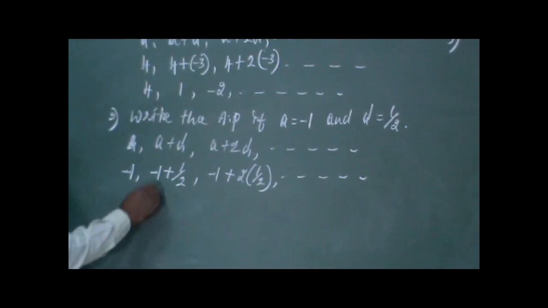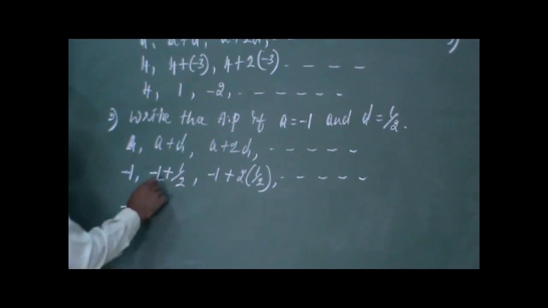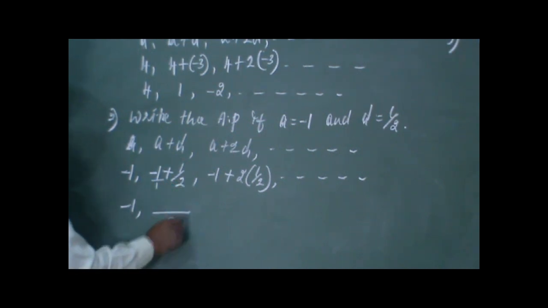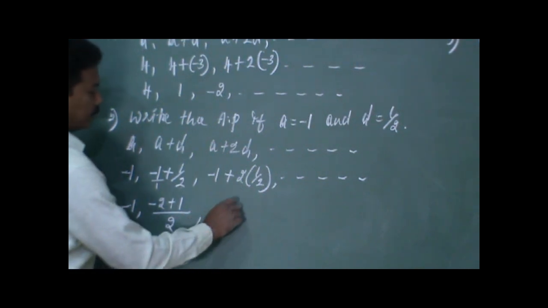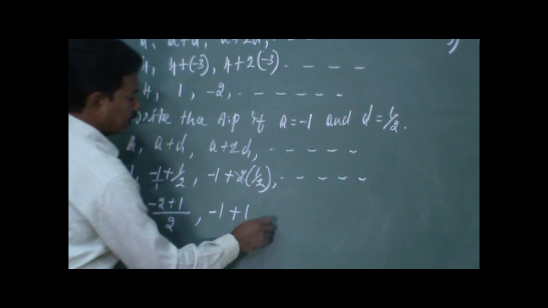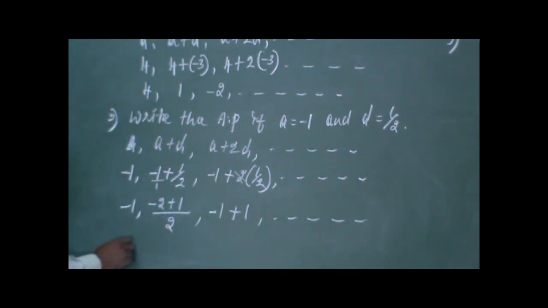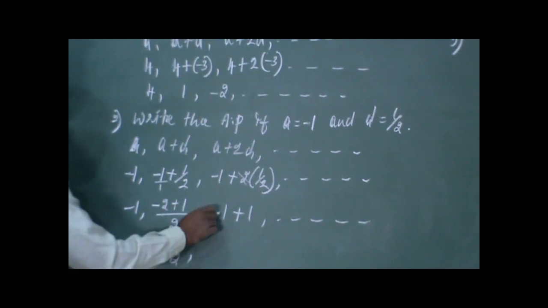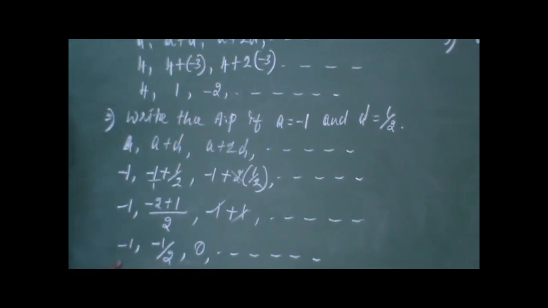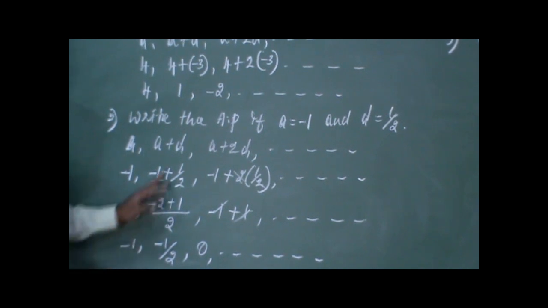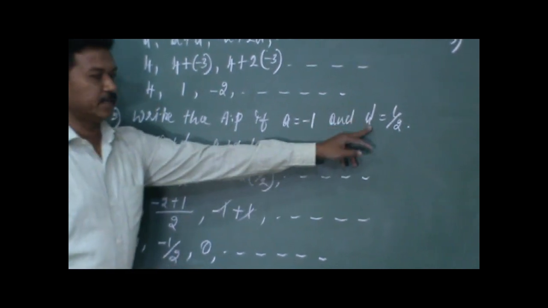Here minus 1 continues, minus 1 has denominator, take LCM for 1 and 2, that is 2: minus 1 by 1 into 2 is minus 2, plus 1 by 2 into 2 is 1, comma, minus 1 plus 2, and 2 cancels, you have 1, comma, and so on. Another step: minus 1, comma, minus 2 plus 1 is minus 1 by 2, comma, minus 1 plus 1 cancels and it is 0, and so on. So this is the required AP. By using the first term and common difference, this is the method of finding the required AP.